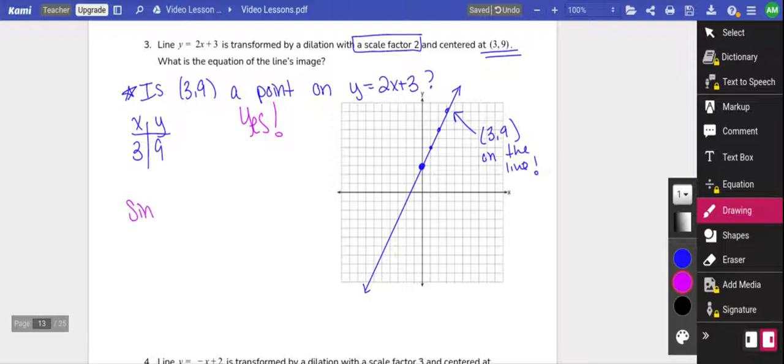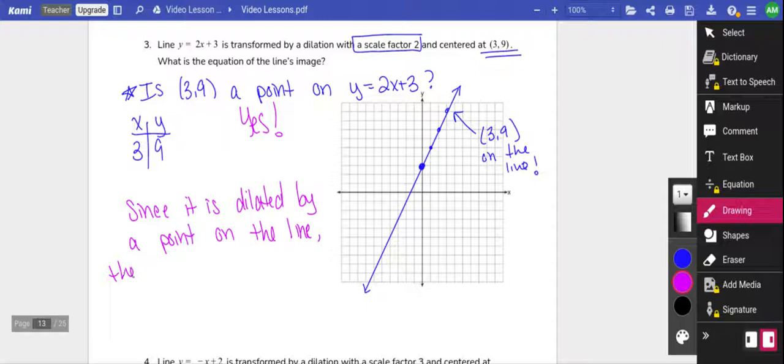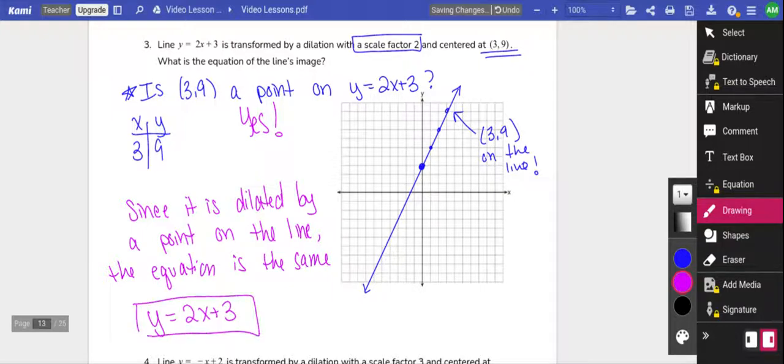So since it is dilated by a point on the line, the equation is the same. So the equation is y equals 2x plus 3. Now you don't necessarily have to write that explanation, but I thought it would be nice to write it out in words.